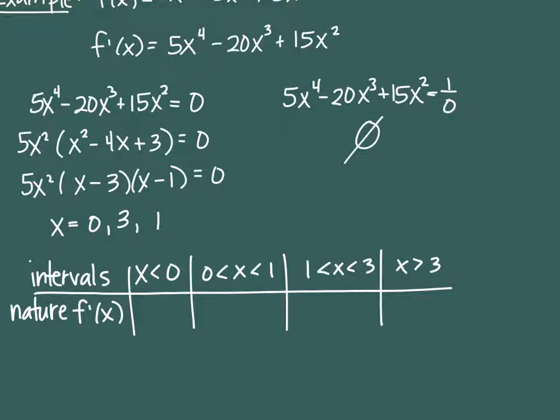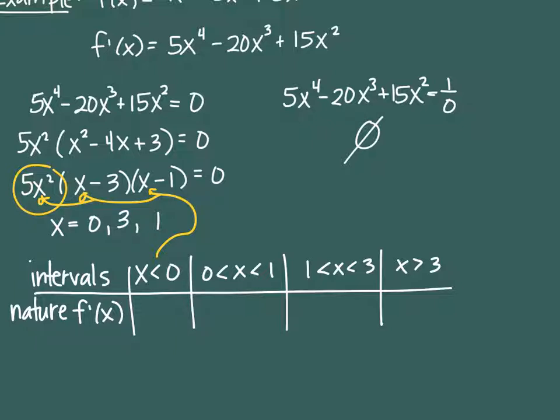All right, so Tom, pick me a number that is in the interval less than 0. -1. All right, so we are going to take -1 and we're going to put it into those 3 spots. So when we put -1 into 5x squared, what nature do we get? When I put -1 in there, I get a positive number, right?